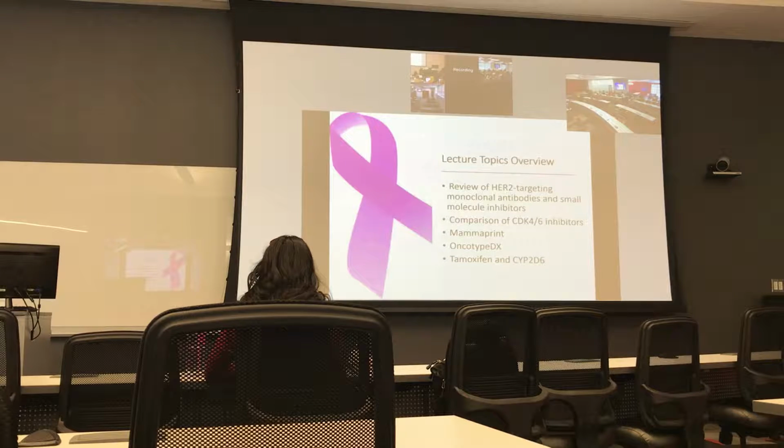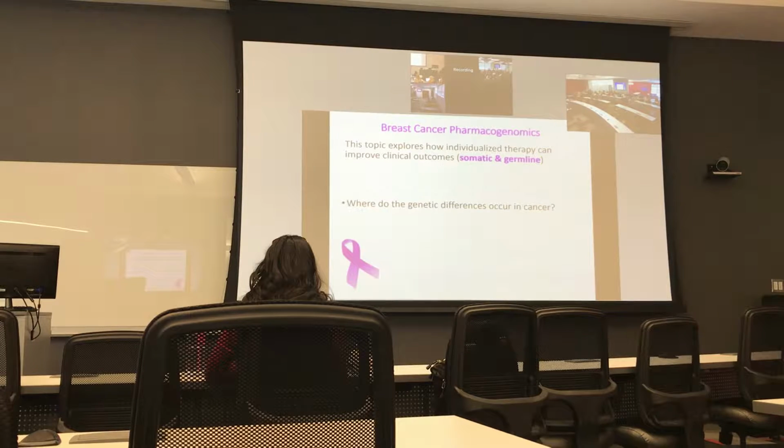We're also going to talk about the CDK4/6 inhibitors and how those are utilized in breast cancer treatment, and we're going to compare those because now we have three. We'll talk about Mammoprint and Oncotype DX and how those are integrated into patient care. And then lastly, we'll wrap up with one of the more popular examples of pharmacogenomics in cancer care, and that's CYP2D6 and tamoxifen utilization.